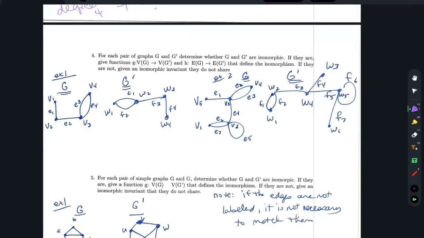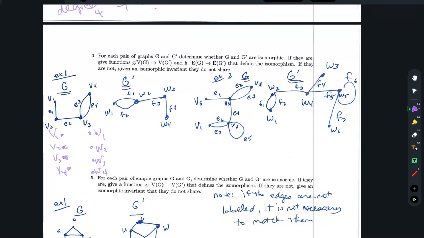So let's do it. So here's V1, V2, V3, V4, and then W1. When they give you all of the edges and vertices labeled, then it's your job to find the relationship between the edges and the vertices. So this one, I have to do both. So let's see.